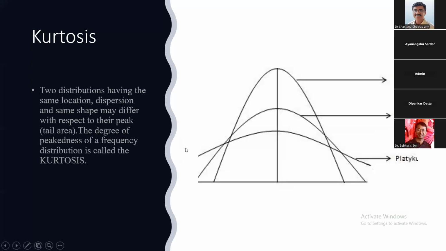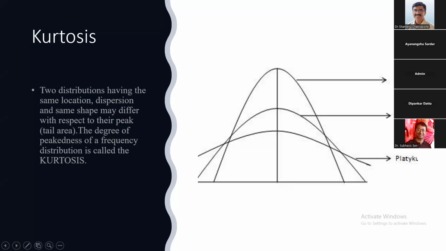And then what is kurtosis? Kurtosis is very important. Say two distributions have the same location, that is the same mean, if we consider two stock market datasets, and the same dispersion and same shape, meaning their mean, standard deviation, and skewness are also the same. They may still differ with respect to the peak or tail area. That degree of peakedness of a frequency distribution is called kurtosis.